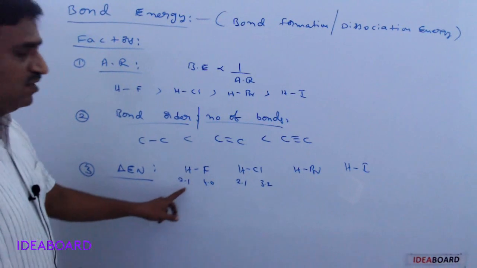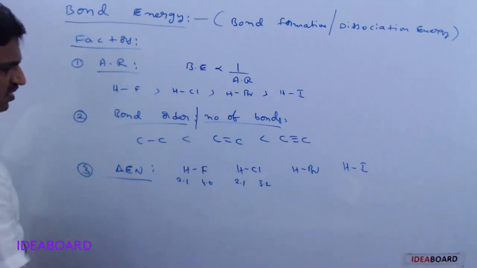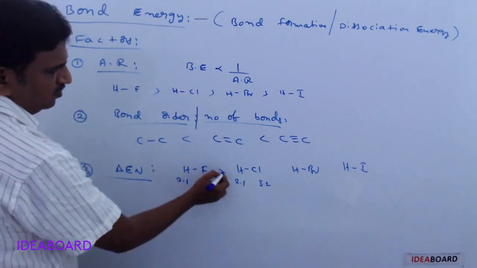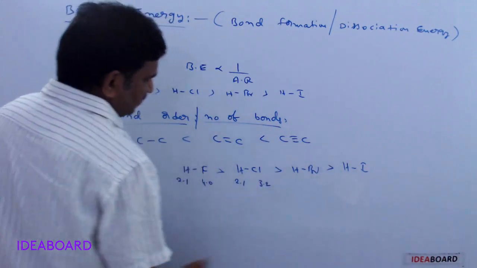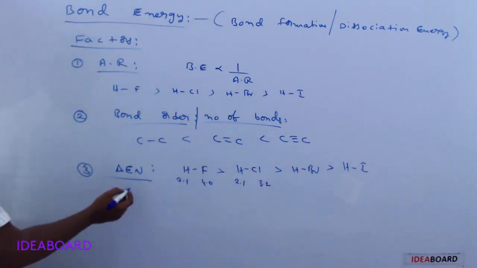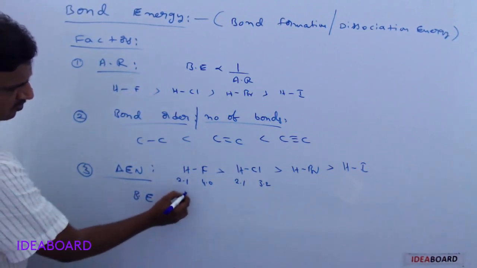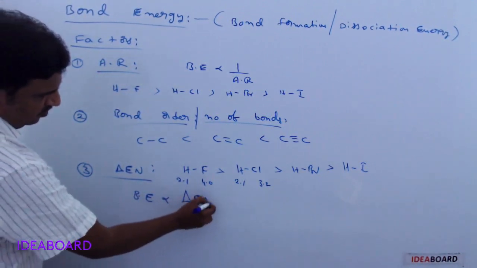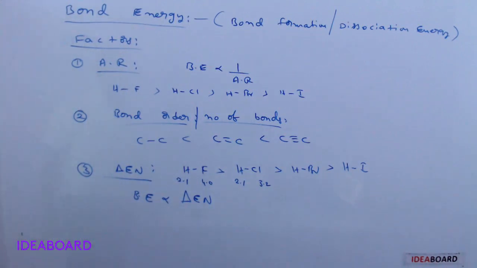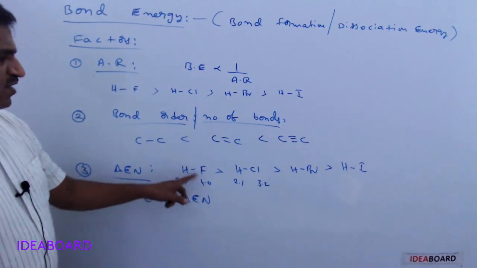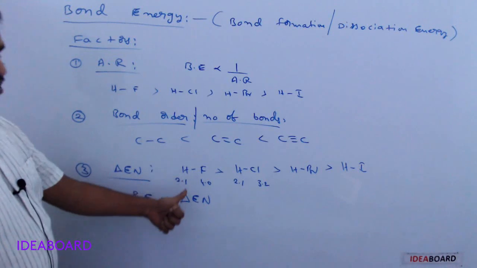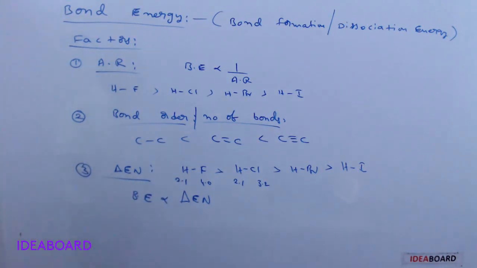When the electronegativity difference is more, it makes a strong bond. It is directly proportional: bond energy and electronegativity difference are directly proportional. When you have more electronegativity difference, it makes a strong bond and has more bond energy.